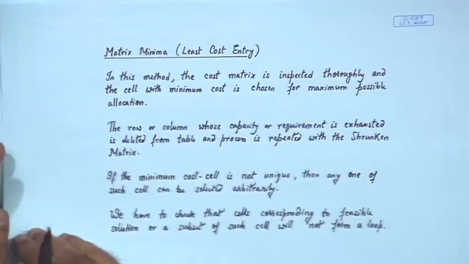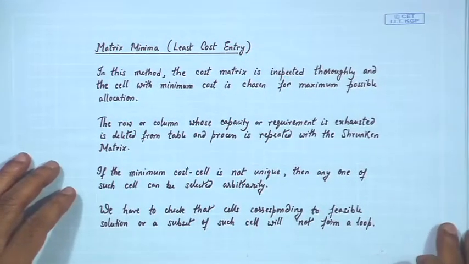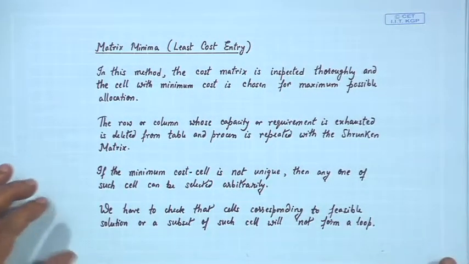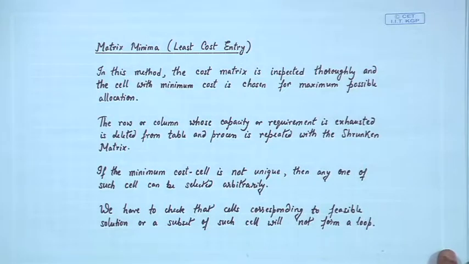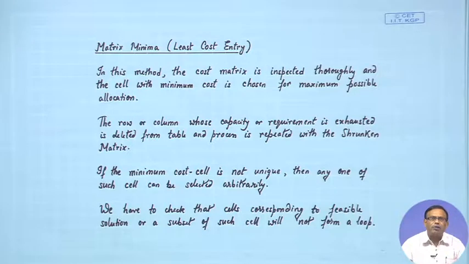The next method which we will use is matrix minima, which we call least cost entry. In this method, the cost matrix is inspected thoroughly. That means, we do not see either a row or column. Instead of that, we check all the cells and the cell with minimum cost is chosen for maximum possible allocation. That is, we do not see either a single row or single column.